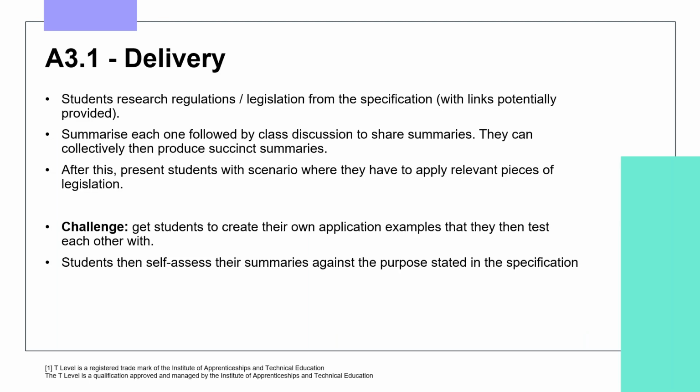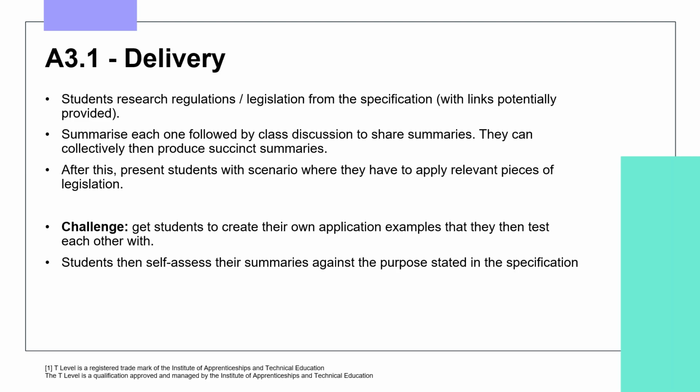So just to expand the information given on the previous slide out into a bit more of a plan, I've bullet pointed here a step-by-step as to how to go about the potential delivery of A3.1 content. So it would start with students researching the regulations and legislations from the specification, and you could potentially provide some links to help them source that relevant information.